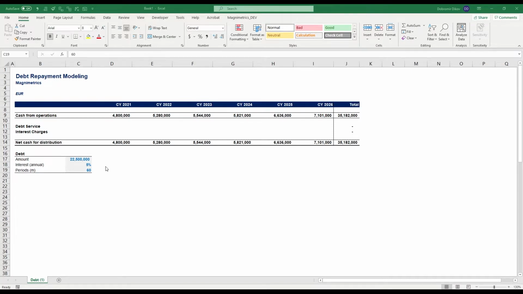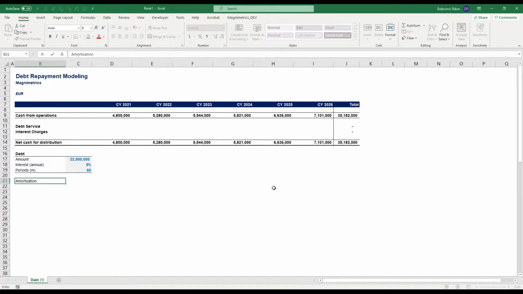For loans, we can amortize them, meaning that we're going to repay the same amount every period, every month in this case, and this amount is going to be split differently between interest and principal, because the idea is that as our principal drops, a smaller portion of our payments will be for interest because there will be less to charge interest on, and a larger portion will be our principal repayment.